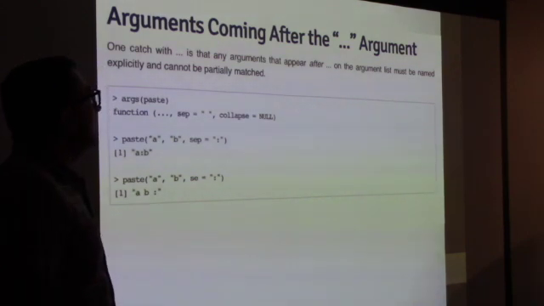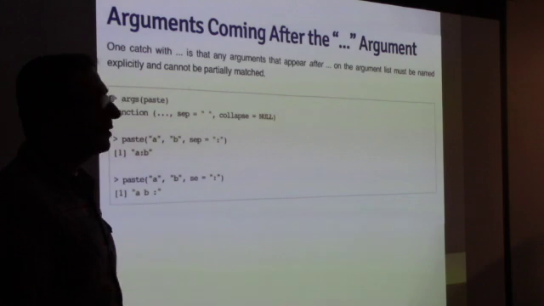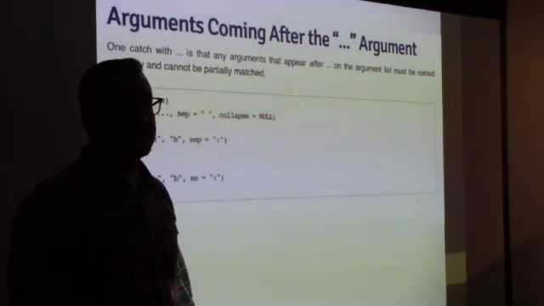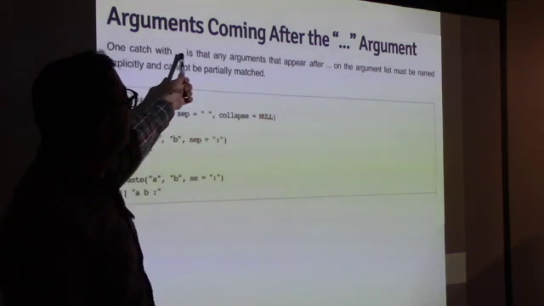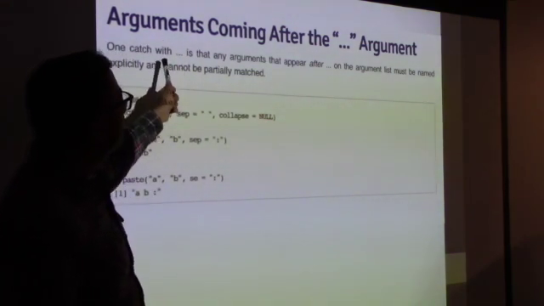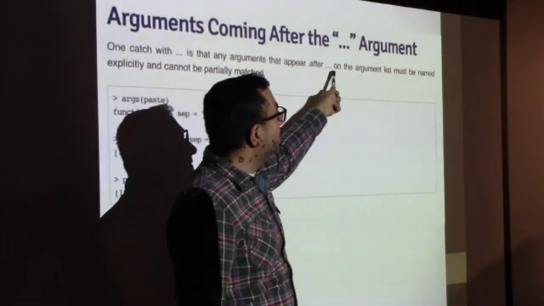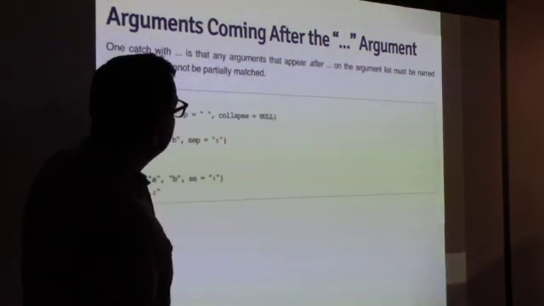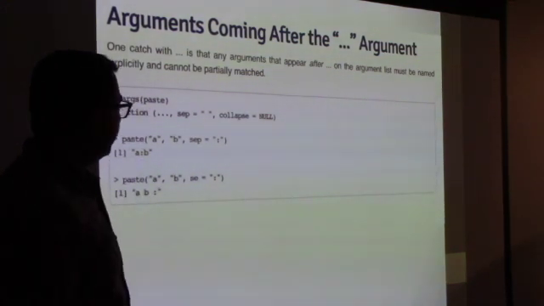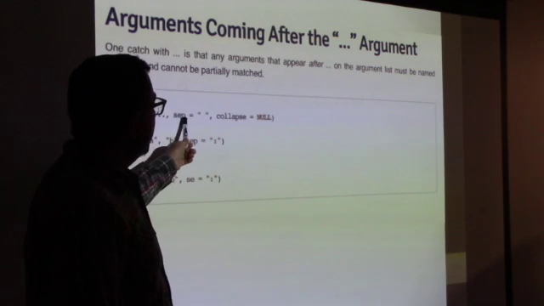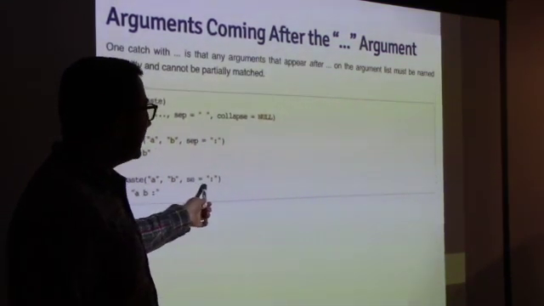Now, remember there was a partial matching thing that we could do with arguments, like the date versus data example I showed you. For the dot dot dot, there's a tiny catch, which is that any arguments that appear after the dot dot dot must be named explicitly and cannot be partially matched. Because sep comes after dot dot dot, I cannot write se equals colon.